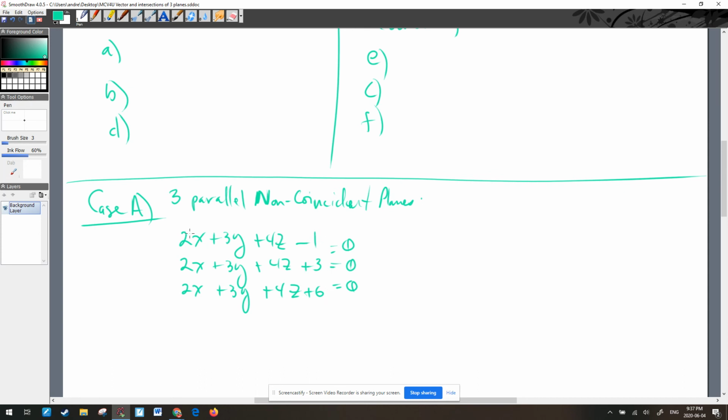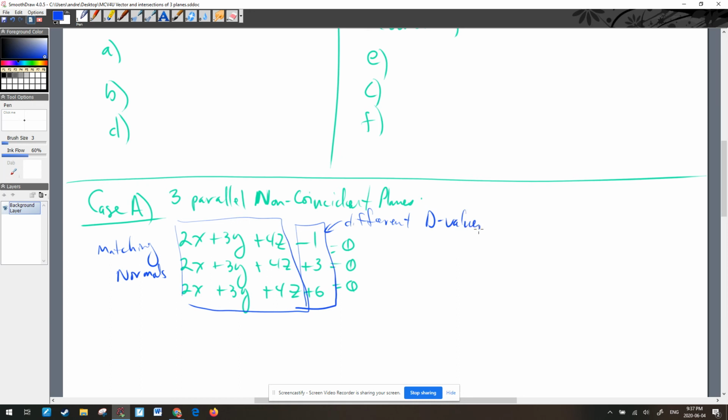So because the normals are the same, I'm going to do a little note: we have matching normals and different d values. And you can spot that in a heartbeat. You'd be like, those are three parallel non-coincident planes. That is case A, right?